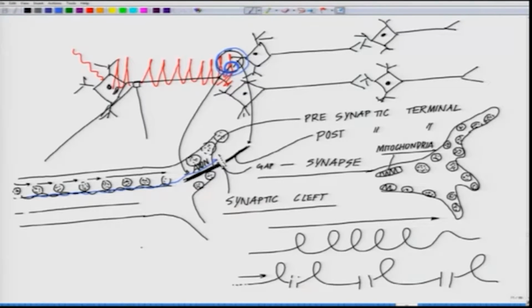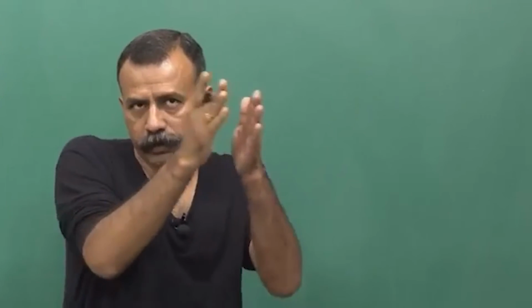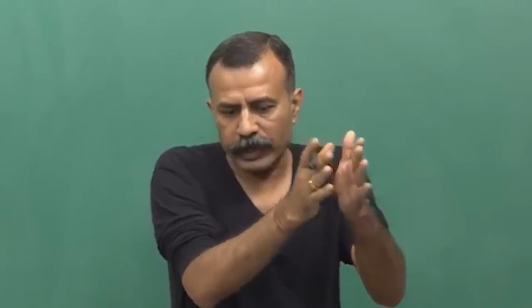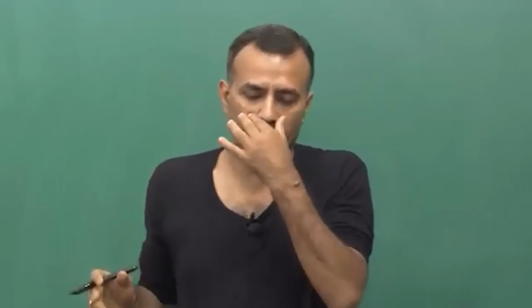Once an action potential wave reaches this synapse, there are a couple of reactions which take place. But I will tell you the results first. First of all, you have to appreciate the result, then we will talk about the role of calcium and all other things. Okay. At this point, I will leave it there and tell you what the end result is.